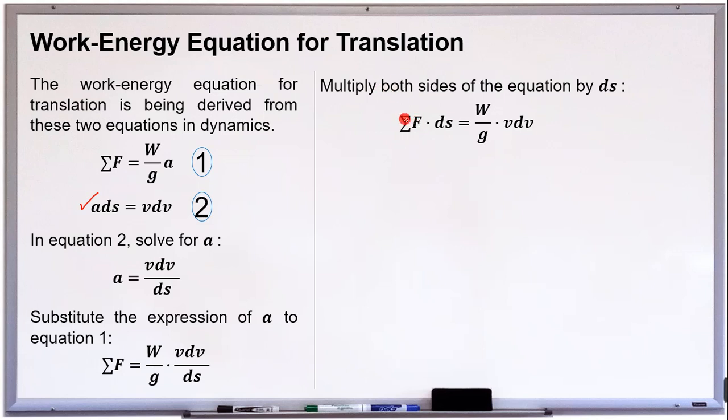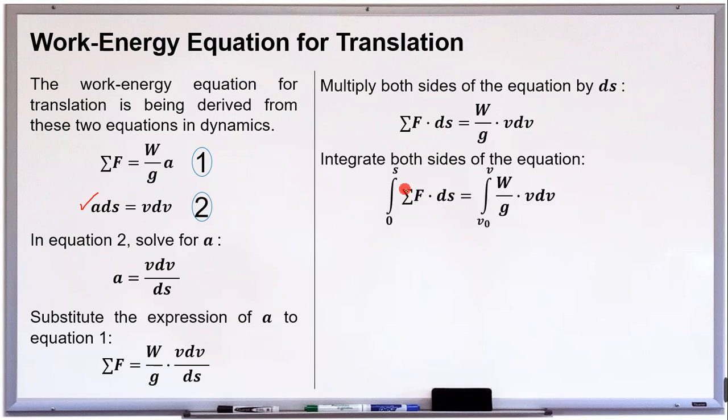It will become the summation of forces times the differential displacement is equal to mass times the velocity multiplied by the differential velocity. Next, we are going to integrate both sides of the equation because this is a differential equation, and in order to get the general solution we integrate both sides.